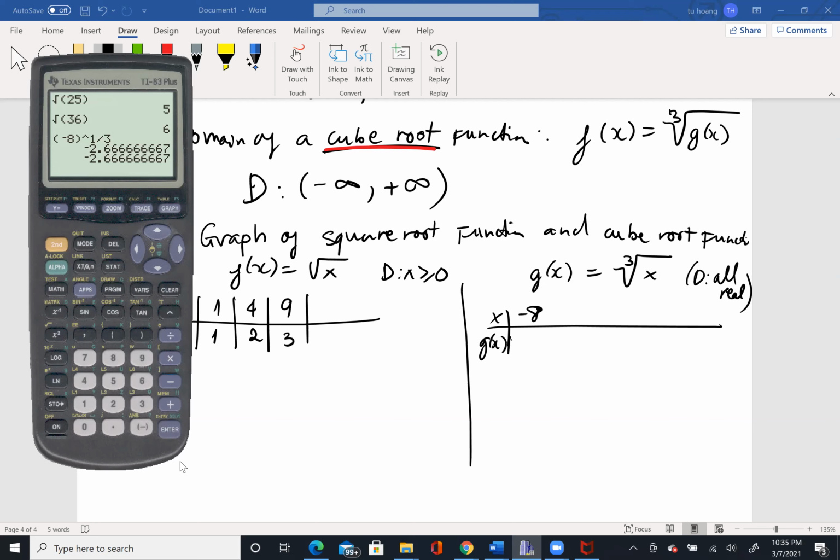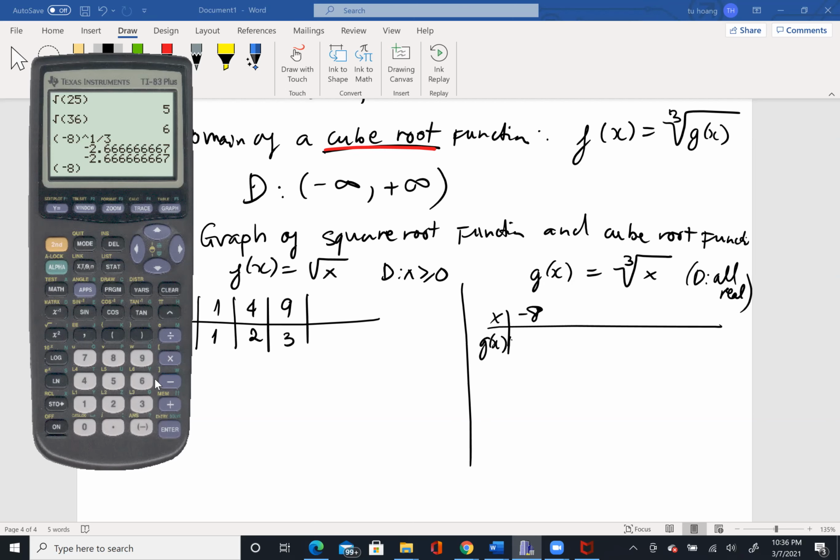That should be a negative number. Something goes wrong. Okay, I see the mistake. I should write it as negative 8 in parentheses. Let me rewrite over here.